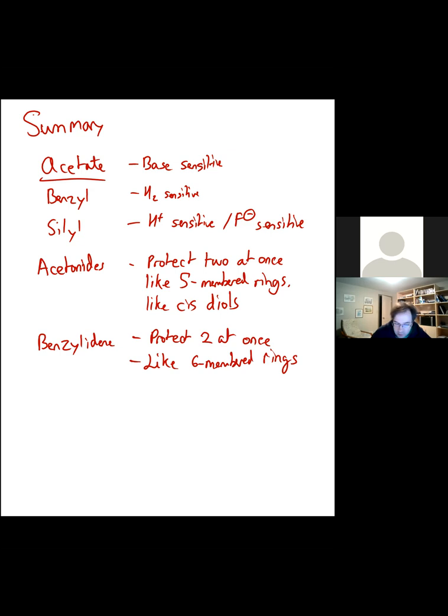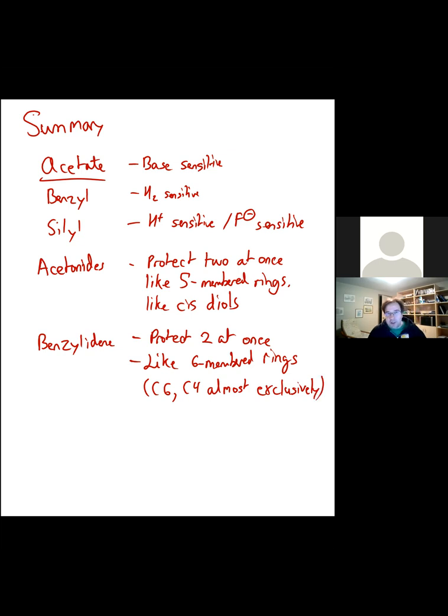I can probably count on one hand the number of times I've seen benzylidenes used to protect a 5-membered ring, like anything that's not a C6 oxygen. So they really are selective for C6, C4. Almost exclusively.